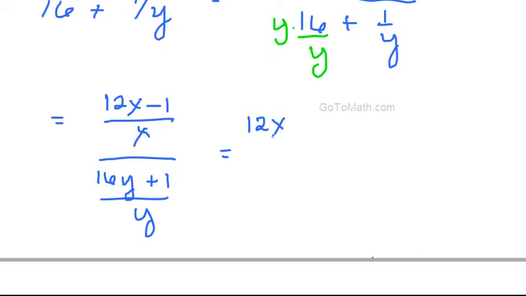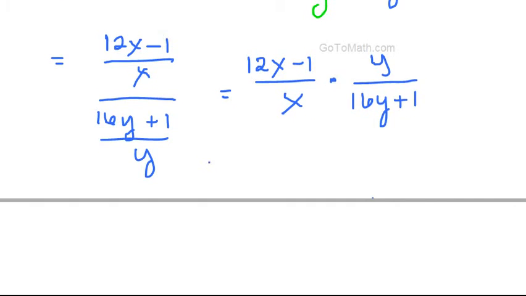Alright, so now we're going to write 12x minus 1 over x, and instead of writing a division symbol here, we're going to put multiplication there, and we're going to flip this fraction, so we're going to have y over 16y plus 1. How do you like that? You may not like it at all. So what can we do here?